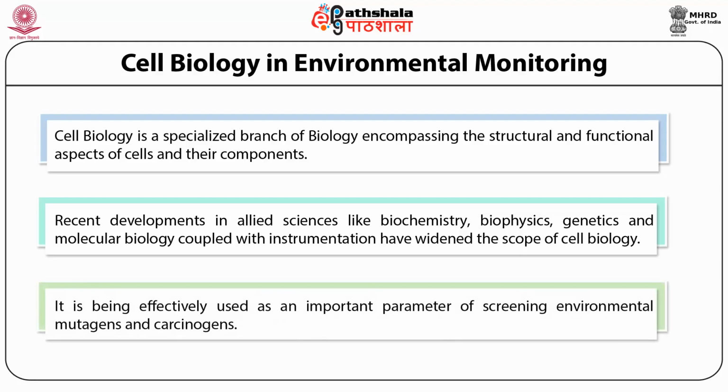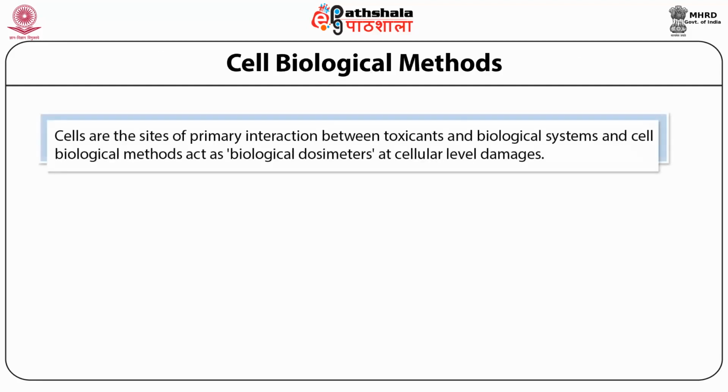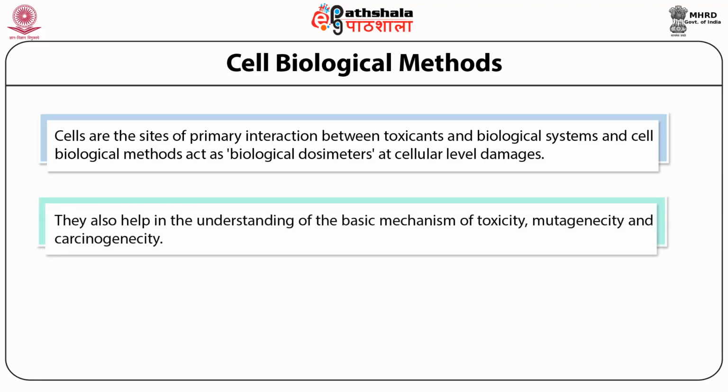It is being effectively used as an important parameter of screening environmental mutagens and carcinogens. The tests coming under the orbit of cell biology aim to trace the damages caused by different environmental toxicants on different cellular parameters like cell membrane, cell organelles, and chromosomes, carrying the genetic material like nucleic acids and proteins.